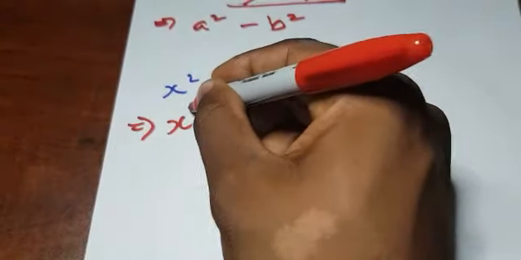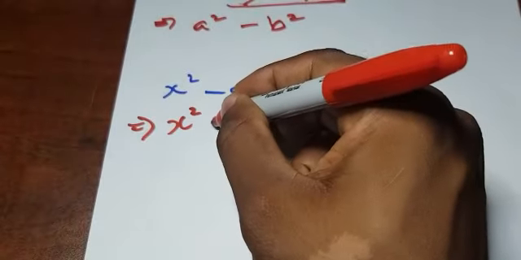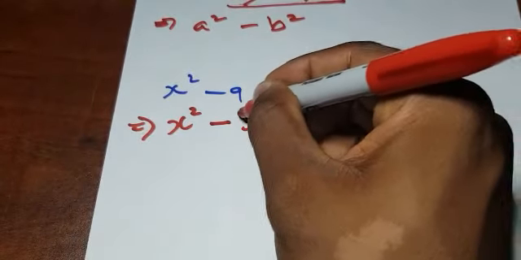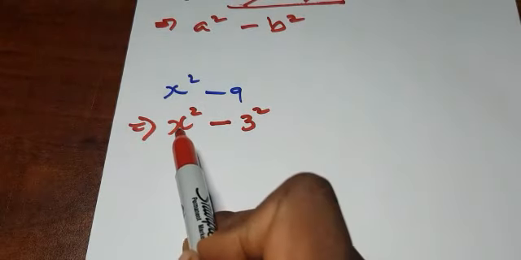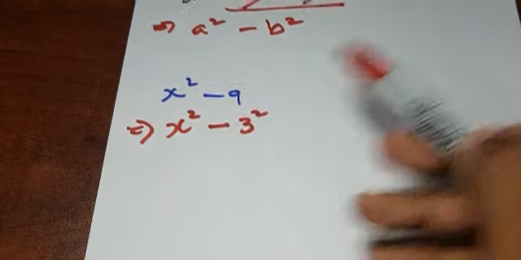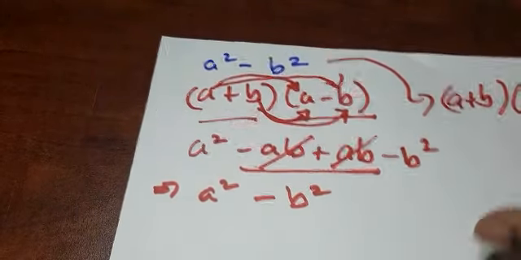So first we will rewrite this as x squared minus 3 squared. Now think of this x as a and this 3 as b, as in the question before.